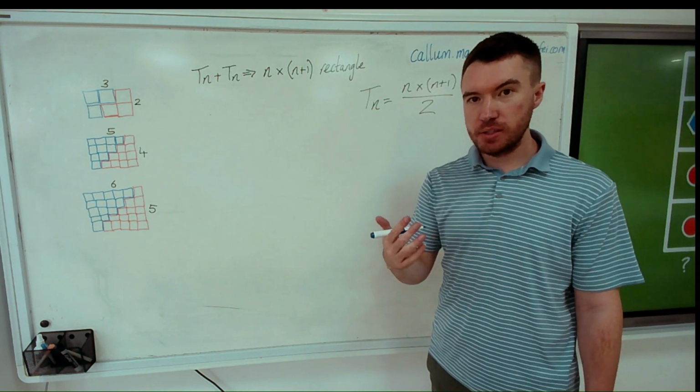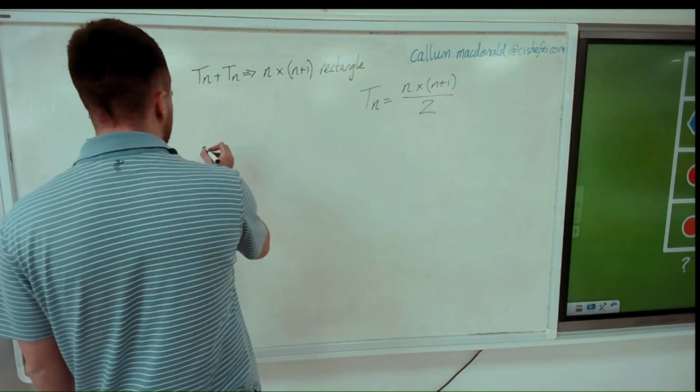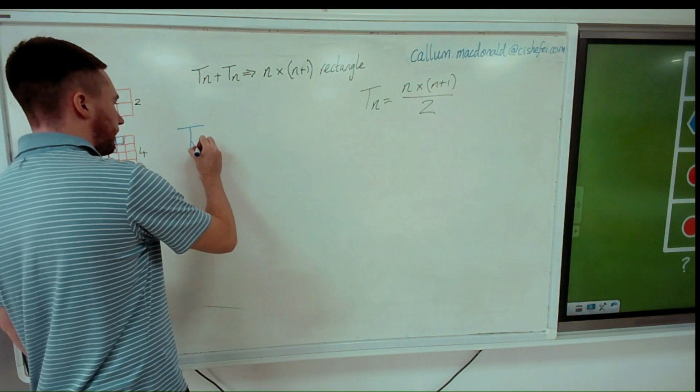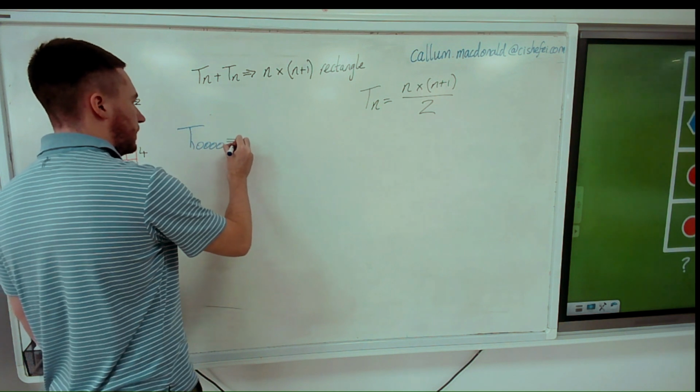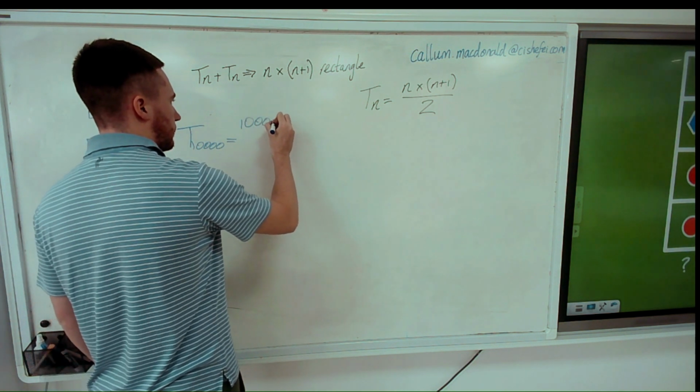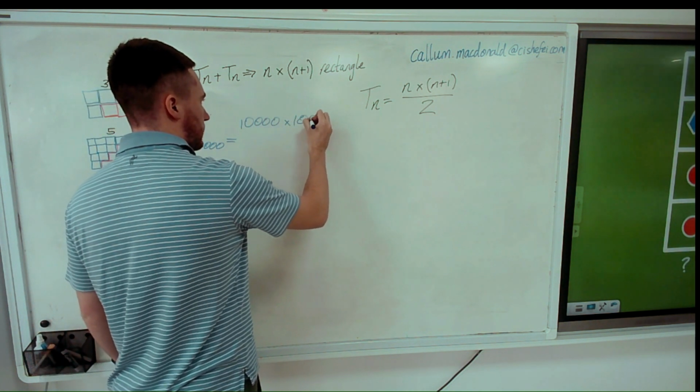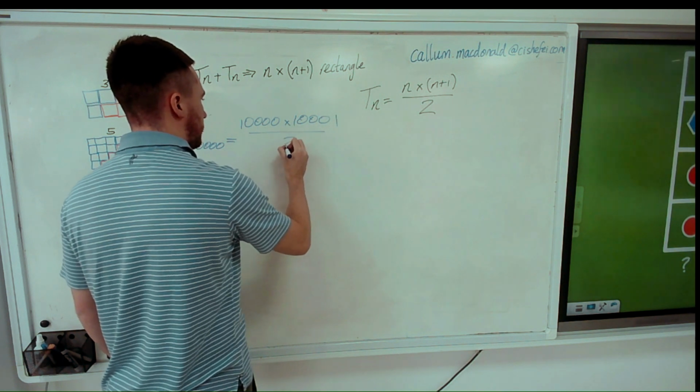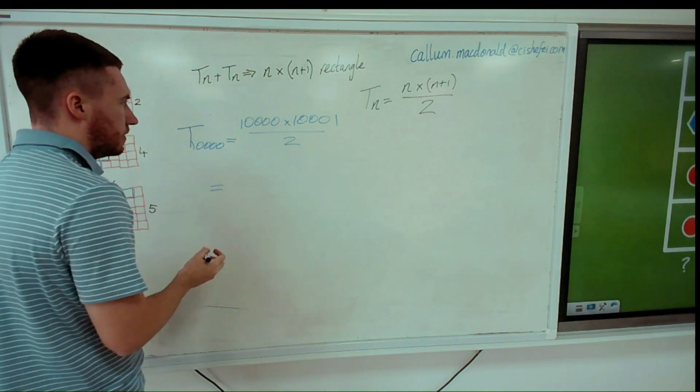So if I choose T10,000, then I can work out the number of squares in that, and I'll get 10,000 times 10,001 over 2.